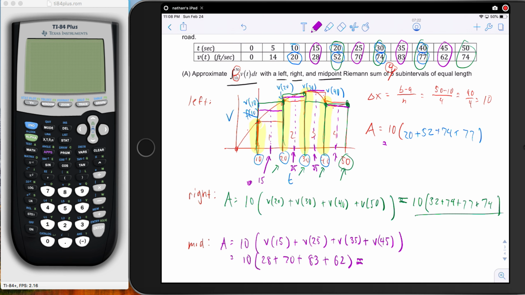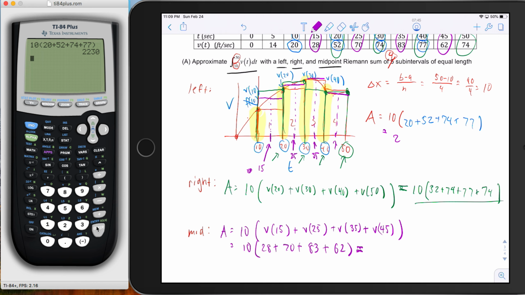And I guess if we put answers to all these, we'll have 10 times 20 plus 52 plus 74 plus 77. Our left Riemann sum will be 2,230.